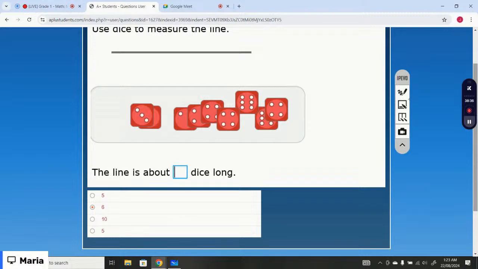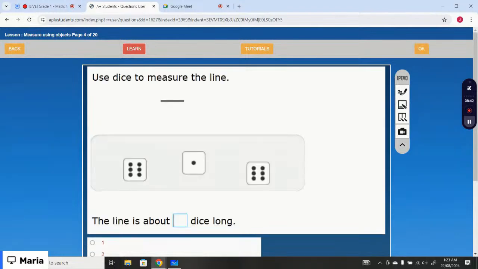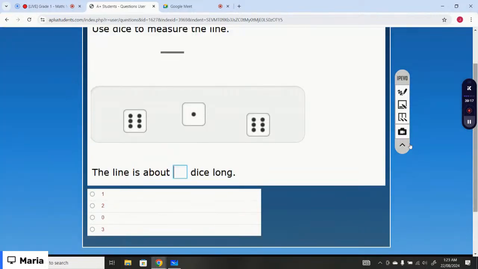Option number 2 is the correct option. Use dice to measure the line. So which is the correct option? The correct option is 1. The line is just 1 dice long. The correct option is 1.